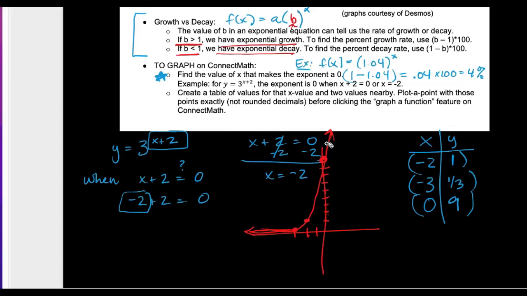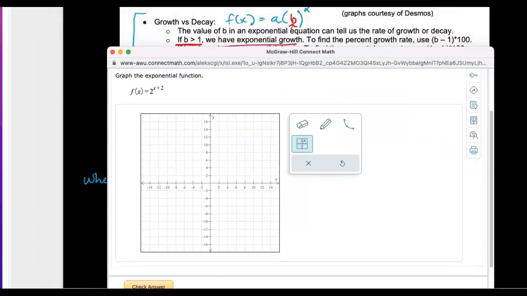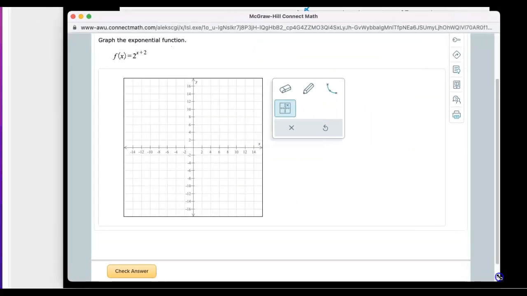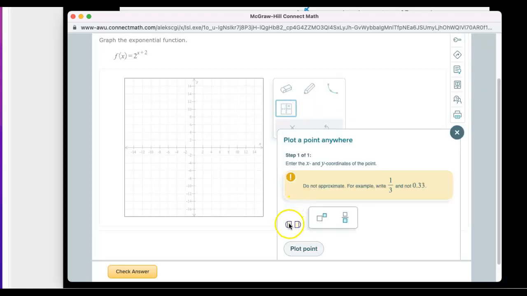Let me show you real quick what this looks like on Connect. Here's an example very similar to the one I just did, and it's asking us to graph this. An easy way to do this is to click on plot the point, and you can just type in the point you want it to graph. Just like the last example, you figure out how to make this exponent 0. This exponent is 0 if x is negative 2.